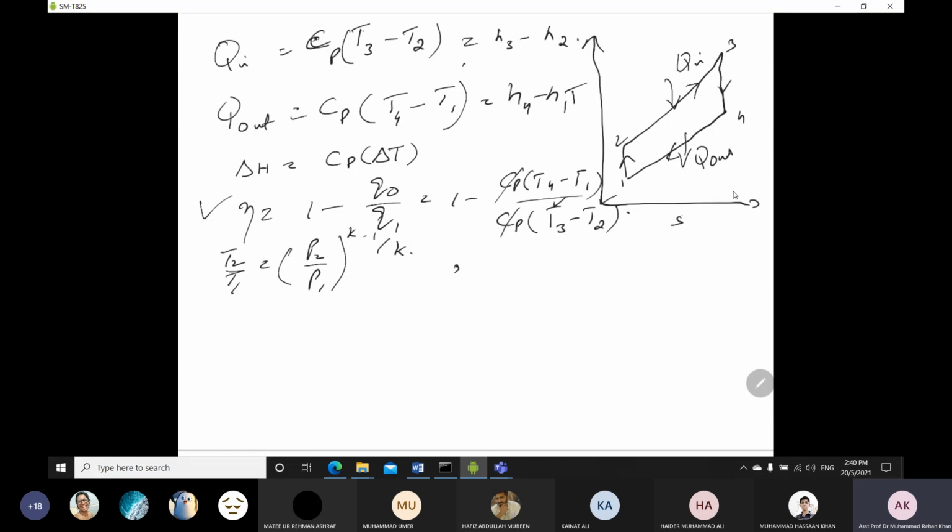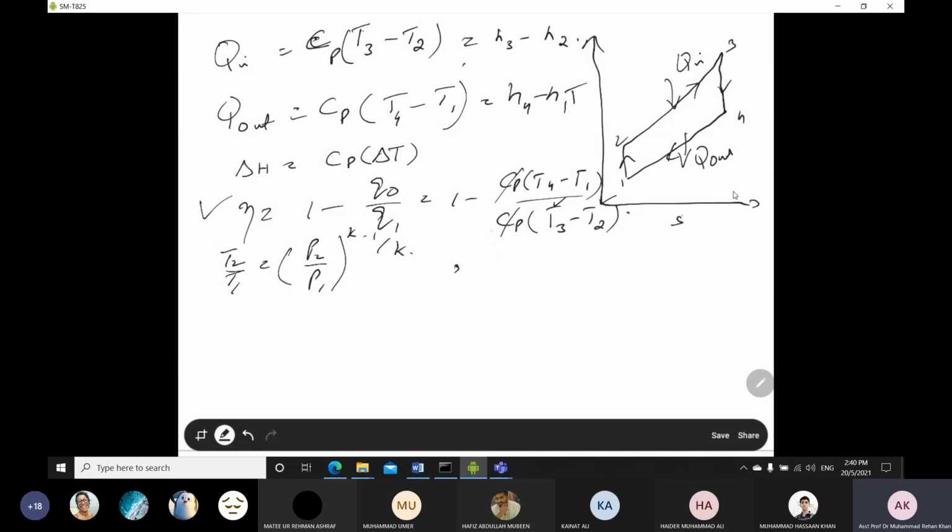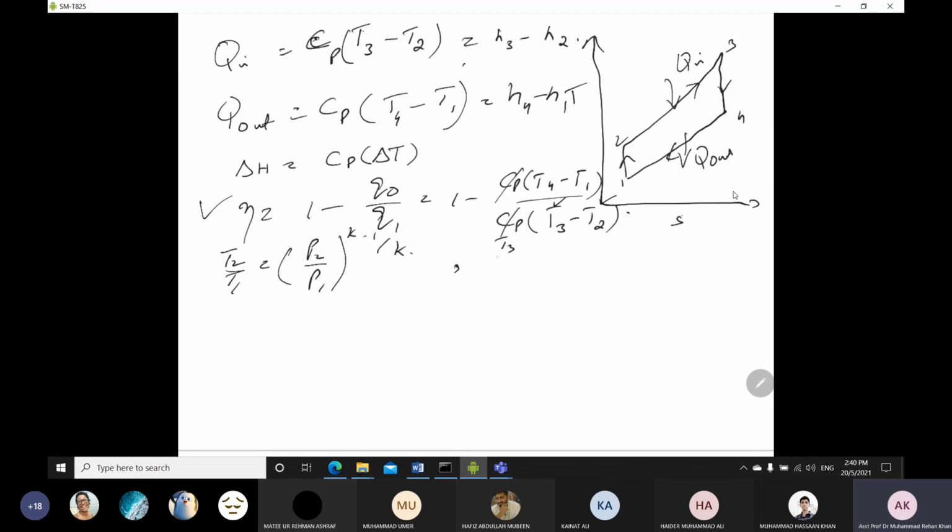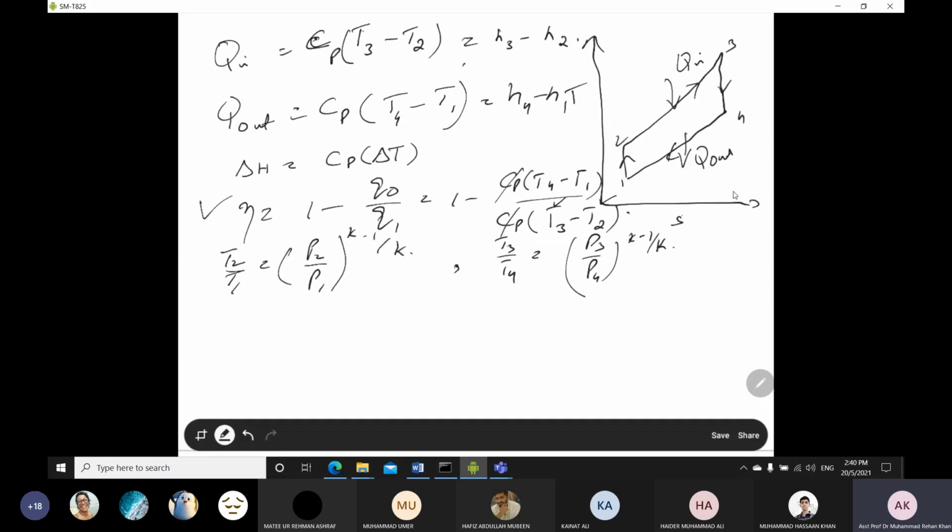Another relation for the isentropic process is T3 over T4 equal to P3 over P4 to the power K minus 1 over K. So these are the relations for the isentropic process.